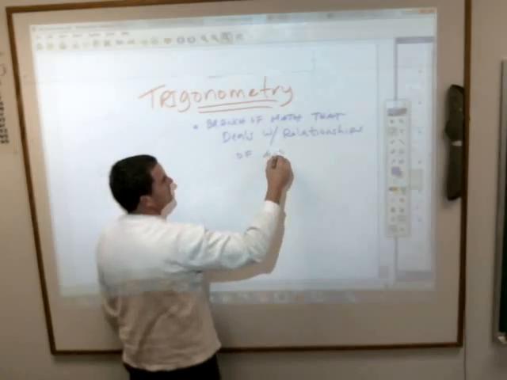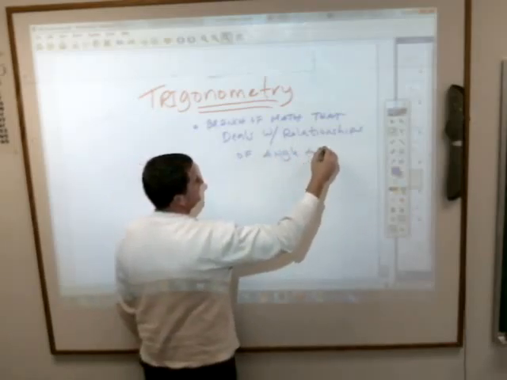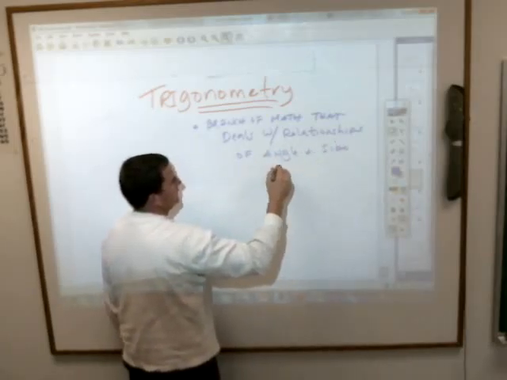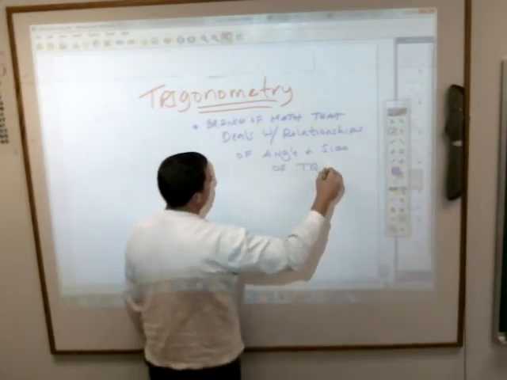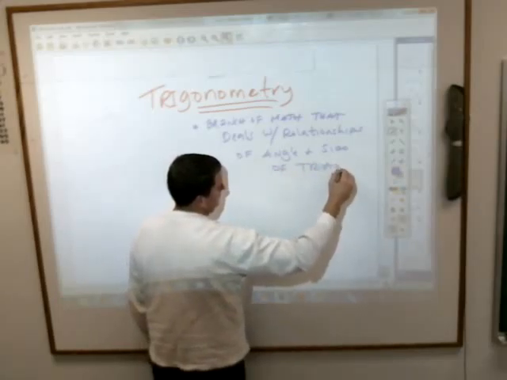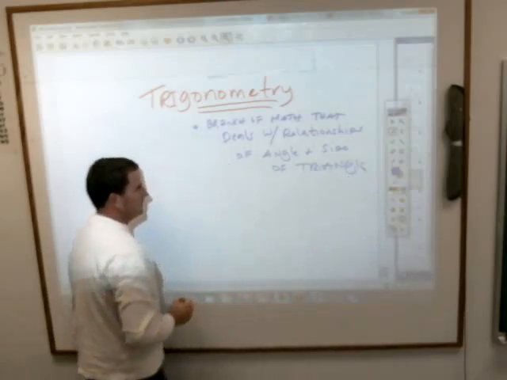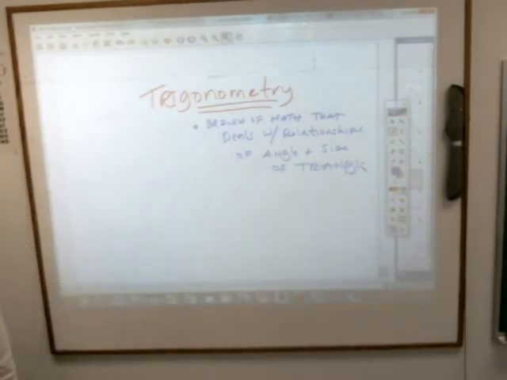Of the angles and sides of triangles. So you're talking about triangles, and they're all related in some sort of twisted fashion, but we have to look at it like this. And before we do that, we have to define some terms here.